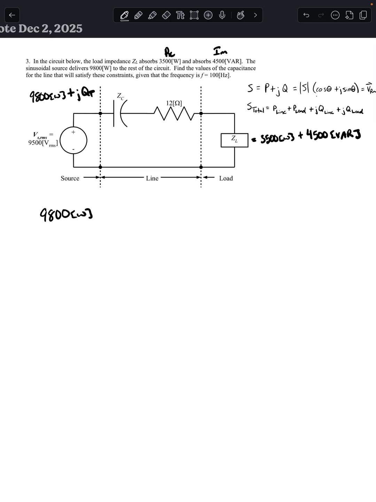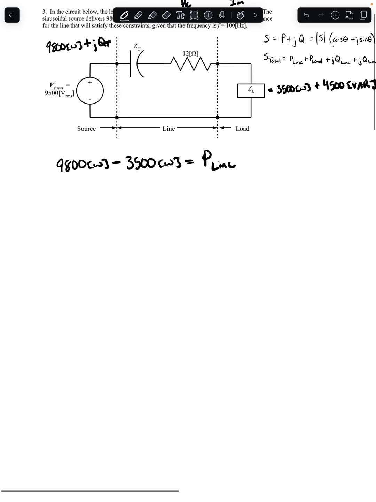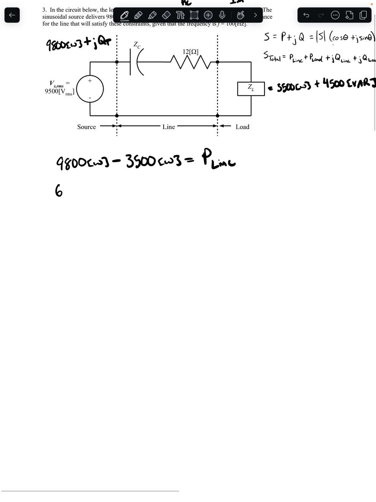And so if we move one over, we would get subtracting 3,500 watts is equal to the wattage of the resistor P. And so we can now say 6,300 watts is equal to P line.